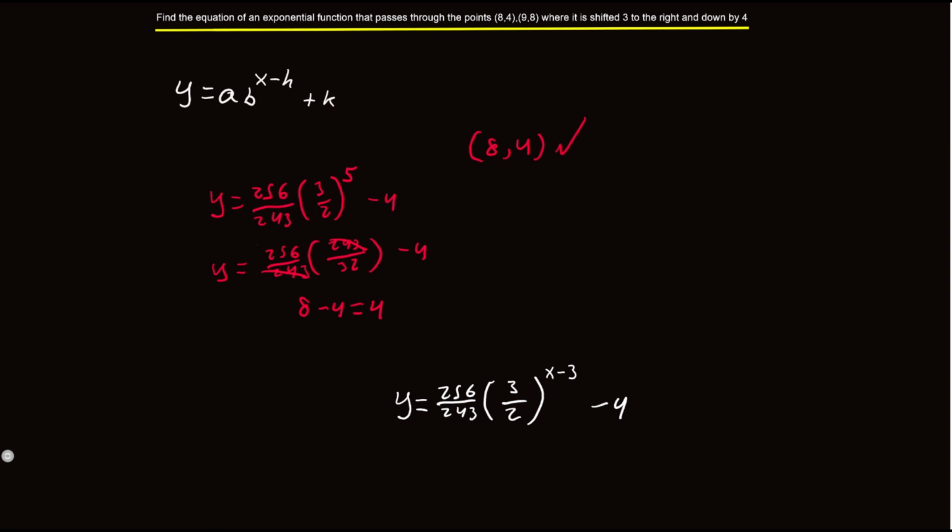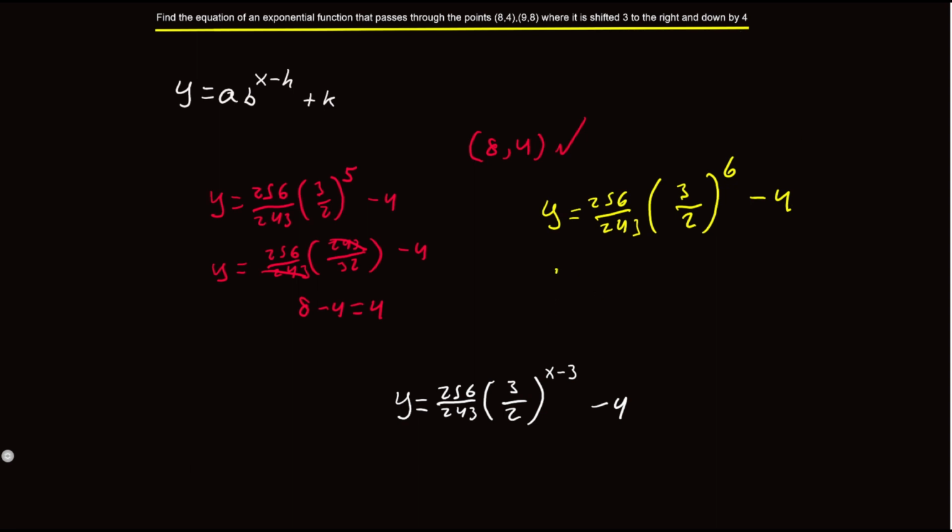And we will go ahead and verify our next equation, where y is equal to 256 divided by 243 times 3 divided by 2 to the power of 9 minus 3, which is 6, minus 4.